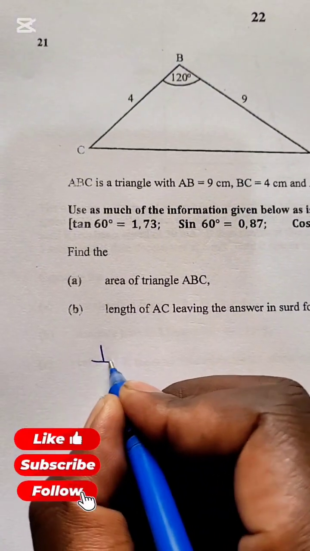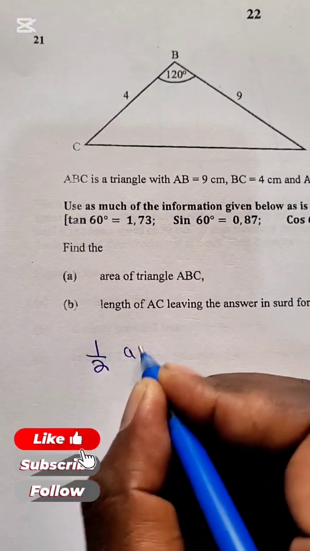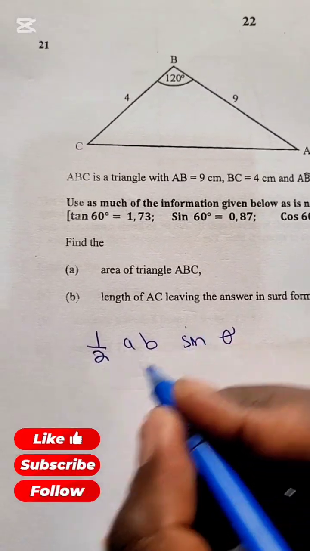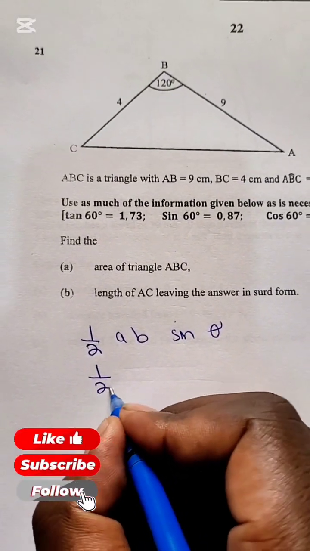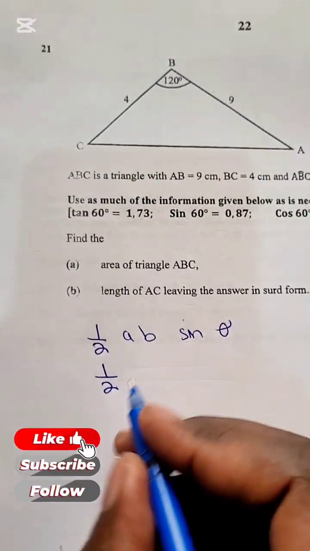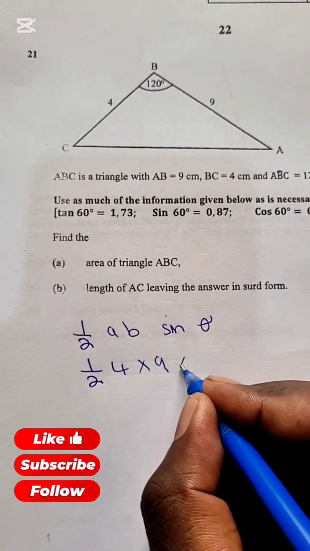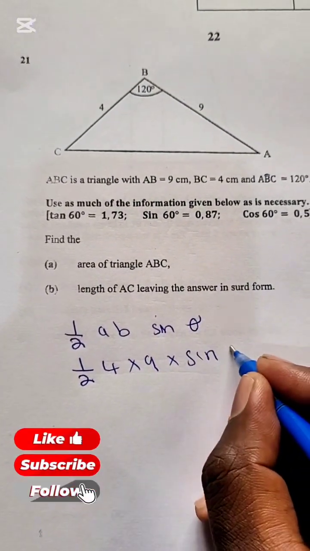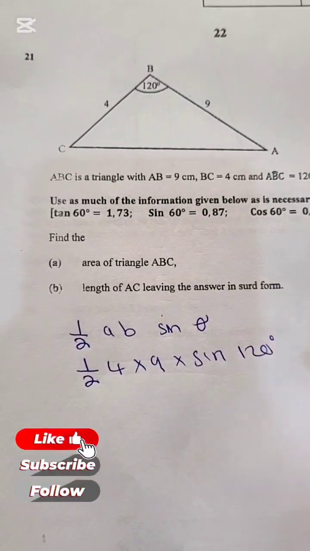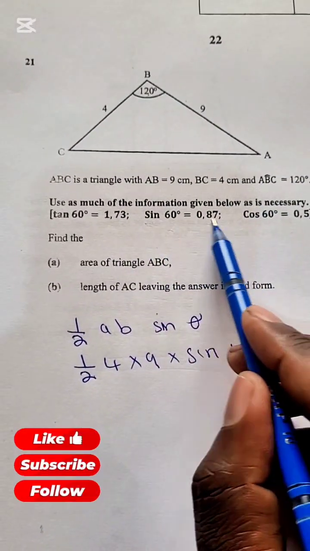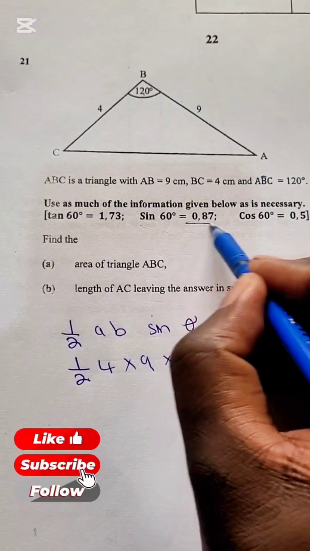So the area of the triangle is half AB sine theta. These are the two sides that you are given. Half times 4 times 9 times sine 120. But sine 120, we are given sine 60.